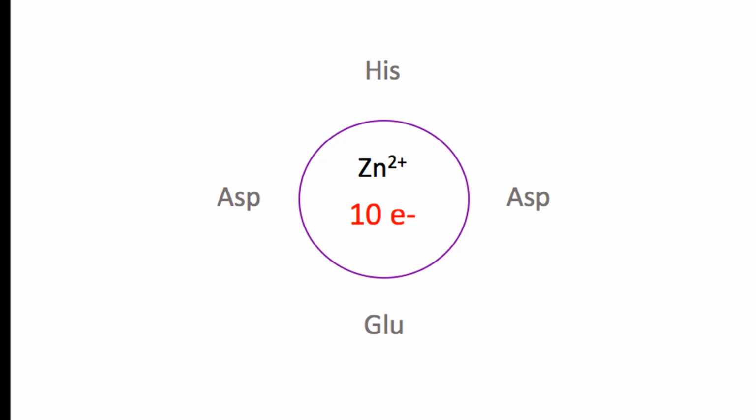With each ligand donating 2 electrons to zinc 2+ and 10 electrons contributed from the d orbital, the total electron count for this system is 18, indicating that zinc 2+ is coordinately saturated and thus in a stable conformation.